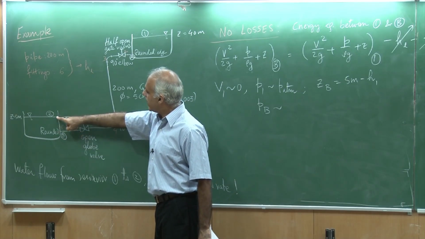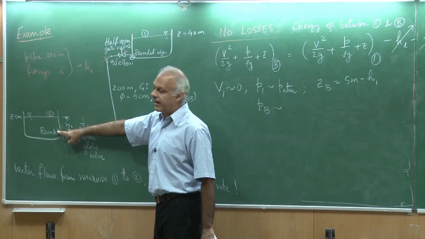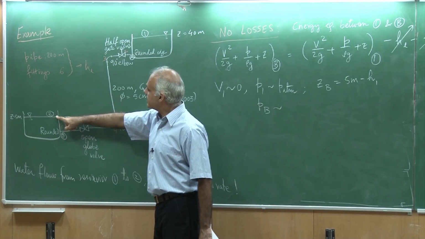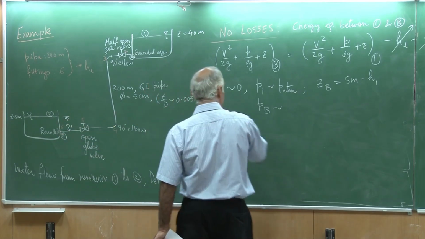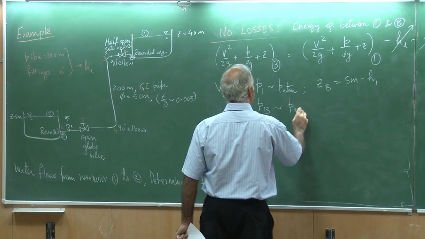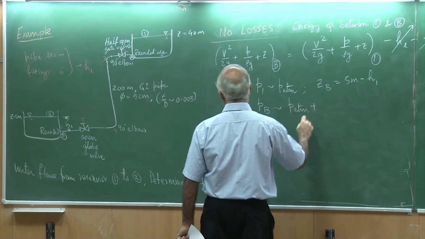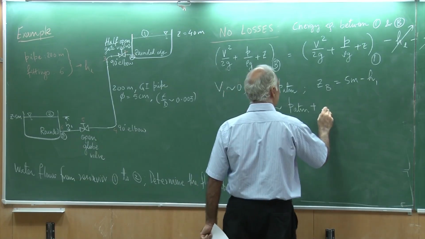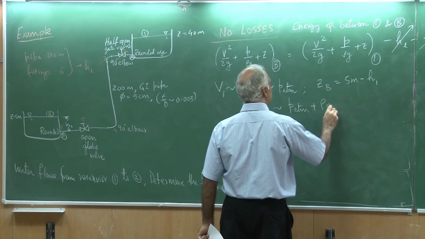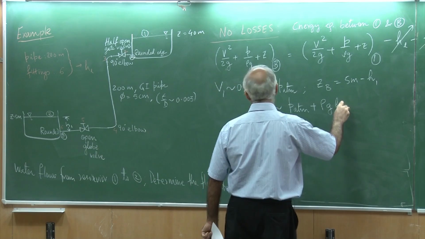So, it is P atmosphere plus the hydrostatic head, which is rho g times H1.